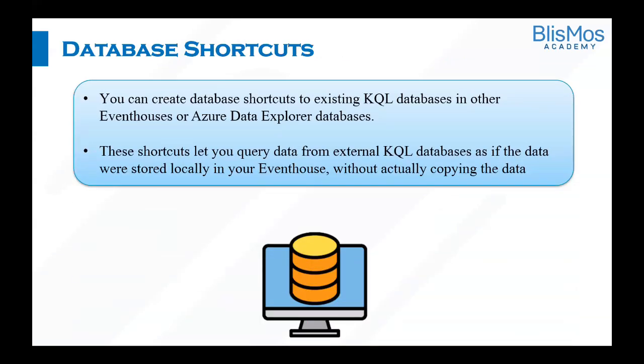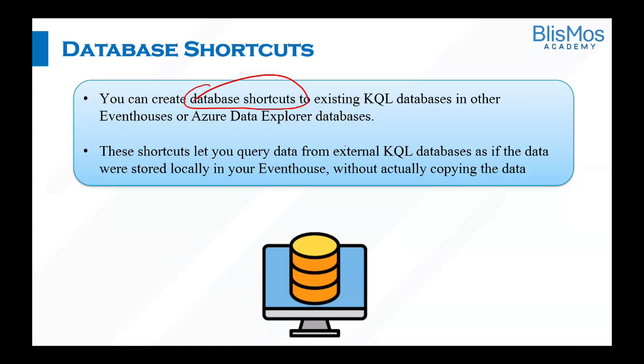So as I already said, the moment you create an event house, by default, one KQL database is created. Now, as a part of different projects, you would have created multiple KQL databases. So instead of pulling the data from other KQL databases, you can create database shortcuts to existing KQL databases in other event houses or Data Explorer databases. So what is the use?